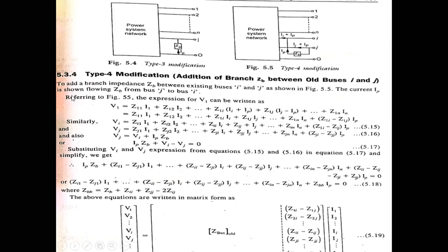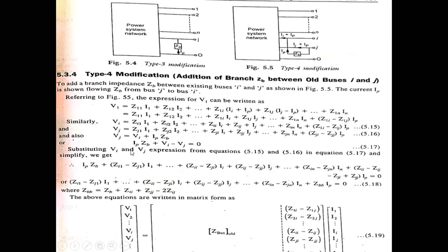In the type 4 modification, V1 is equal to Z11 I1 plus Z12 I2 plus and so on, Z1I into (I1 plus IP) plus Z1J into (I1 minus IP) and so on, Z1N IN.